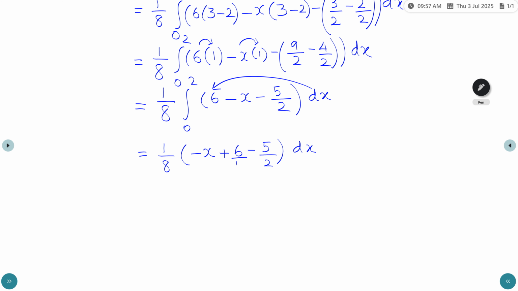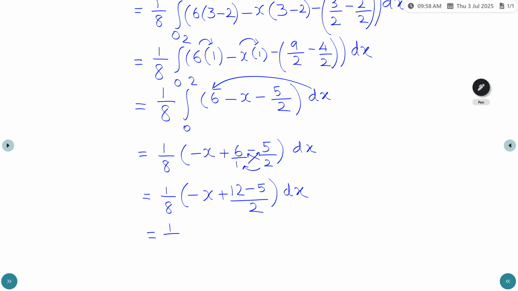So take the LCM: 1 by 8 into minus x plus, denominator 2, numerator 12 minus 5, dx.